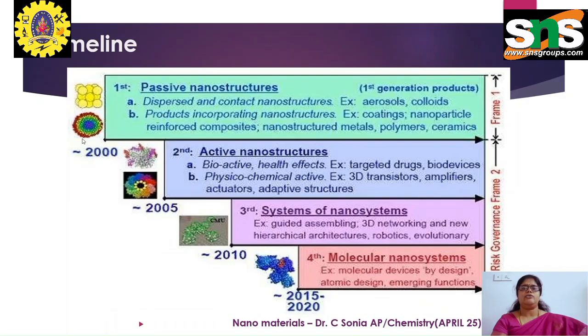They are the passive nanostructure materials like aerosols, colloids, coatings, nanoparticle reinforced composites, nanostructured metals, etc. The second generation are the active nanostructures like bioactive, targeted drugs, biodevices, 3D transistors, etc. Up to 2010, it is the third generation products, that is guided assembling, 3D networking, new hierarchical architectures, robotics, etc. And from 2015 to 2020, it's the fourth generation.